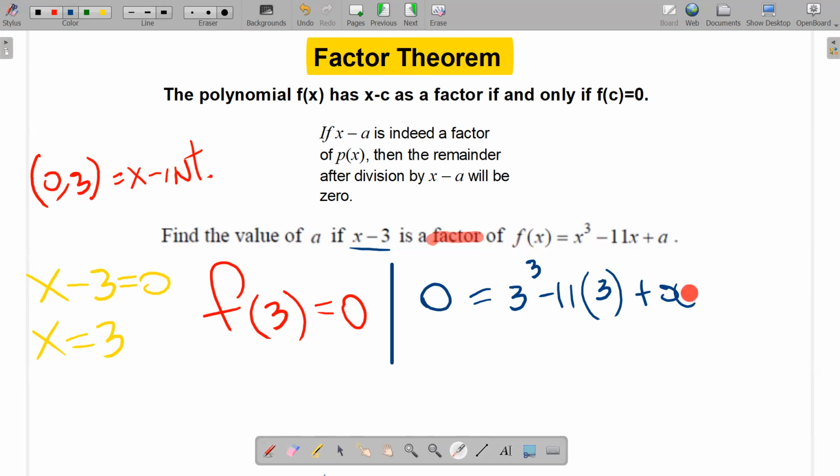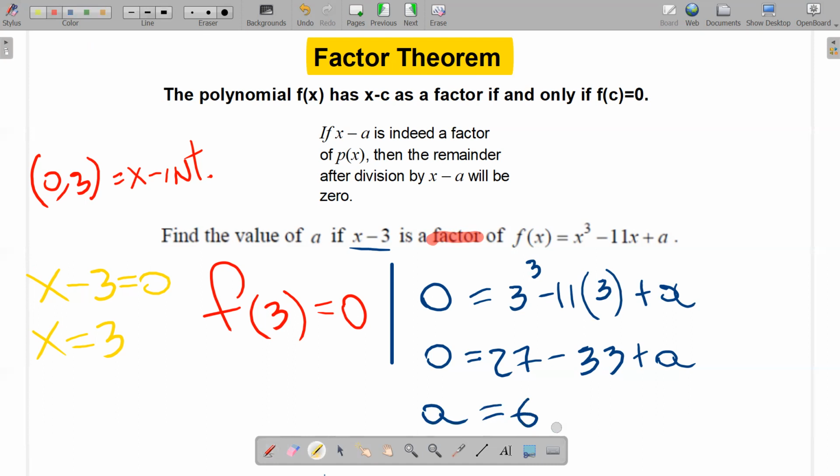And now we have only one variable, a. We can solve for it, right? Now, 3 to the power 3 will be 27. So we have 0 equal 27 minus 33 plus a. 27 minus 33 will be negative 6. We'll move it to the other side, and we will get that a is equal to 6. That will be our answer.